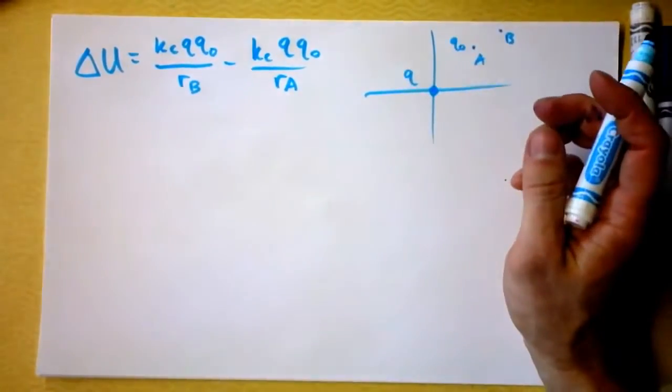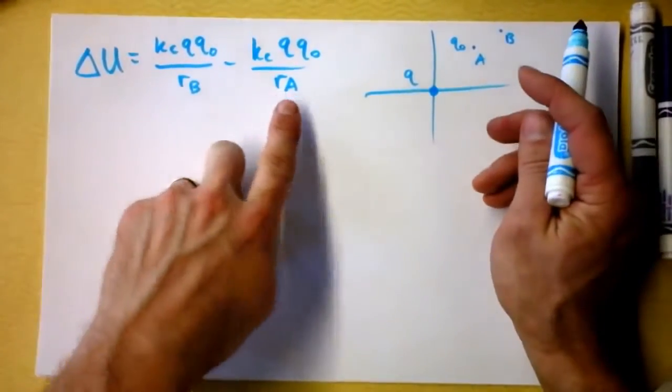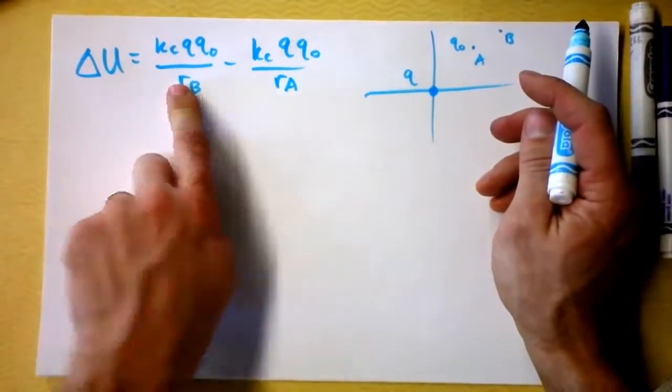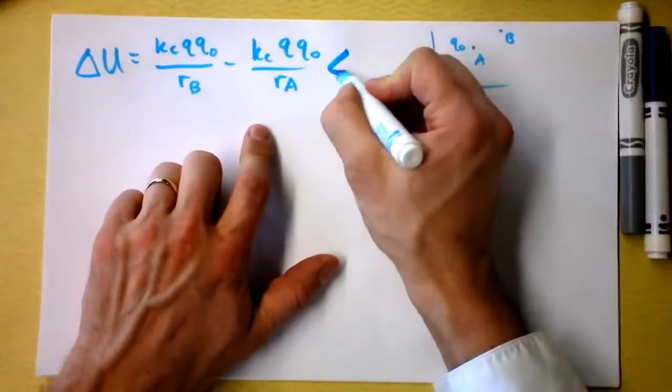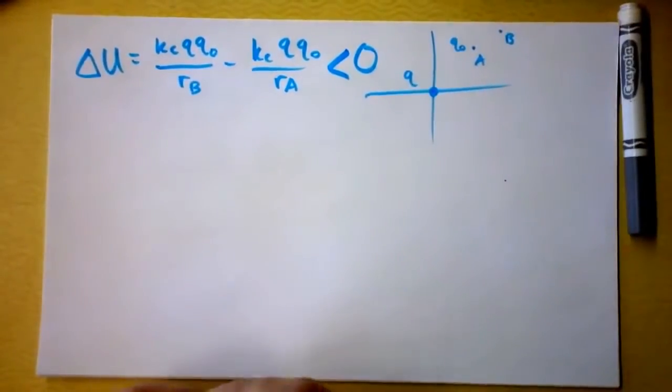So we had some distances, and you notice that Ra is smaller than Rb, so we're going to have this be a larger number than that, so we're going to get a negative. Let me just label that there. The change in energy is less than 0 as it moves the way that it wants to go.